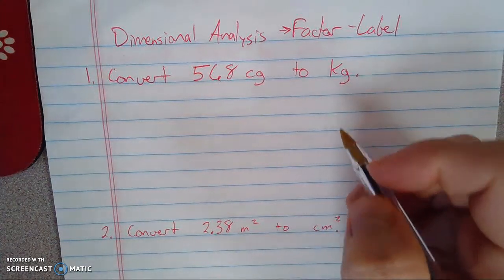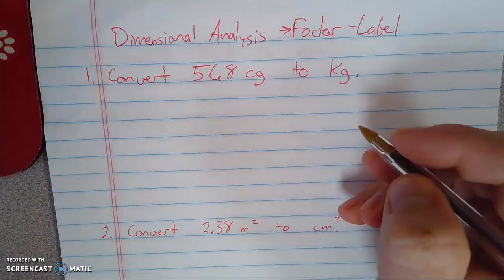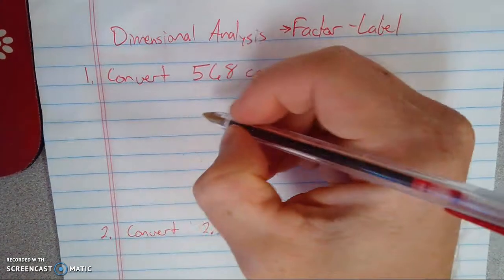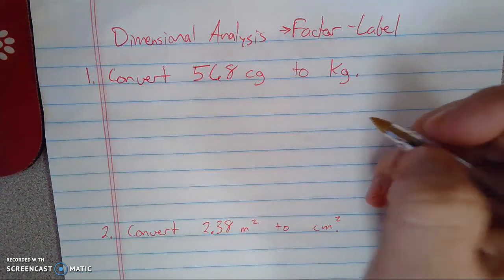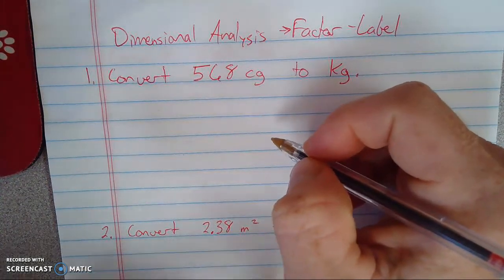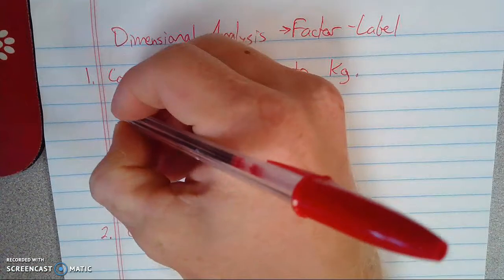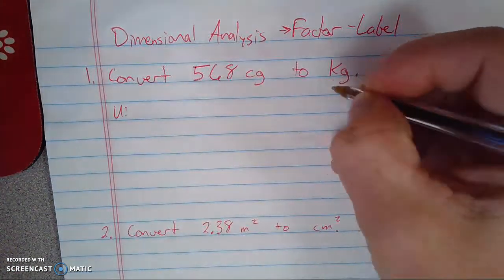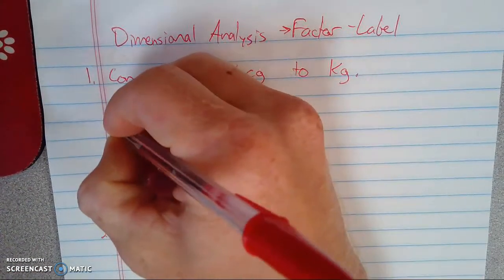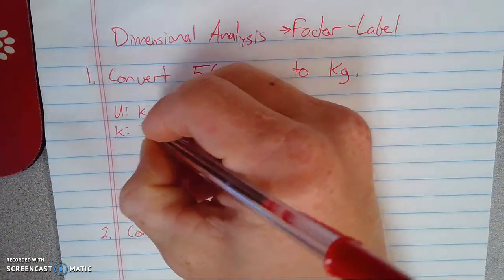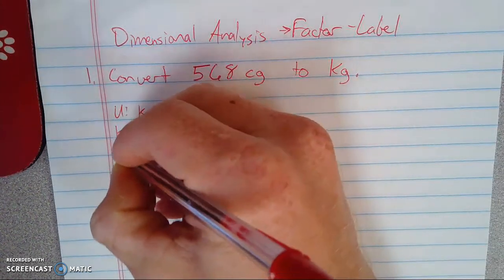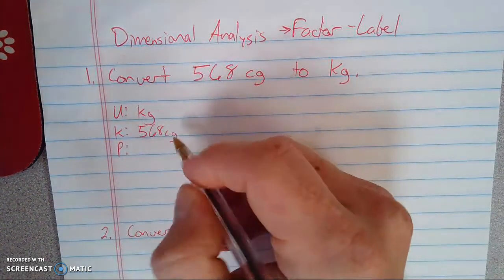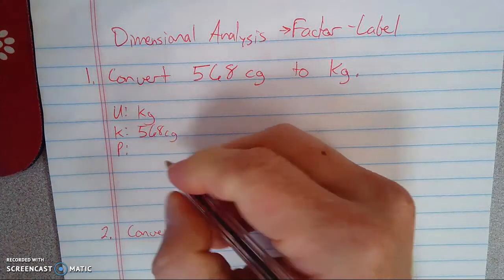I wanted to start off with a pretty straightforward problem, just so you can see the difference between working this out by hand and working it out with the PowerPoint. The unknown here is kilograms. The known is 568 centigrams. The plan: we're starting with centigrams.